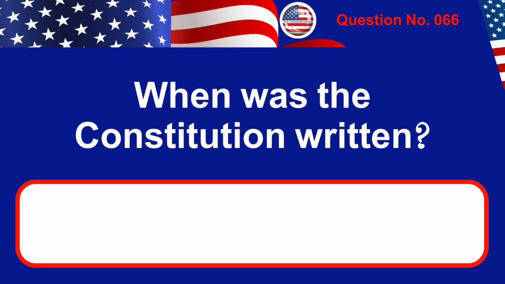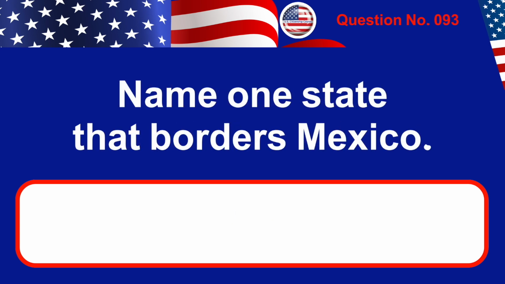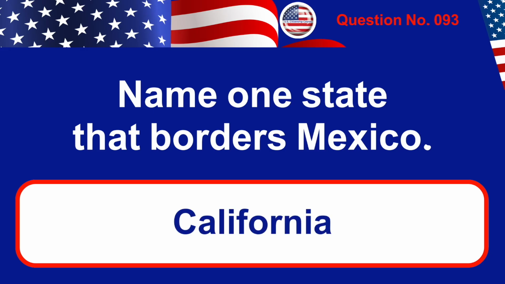When was the Constitution written? 1787. Name one state that borders Mexico. California.